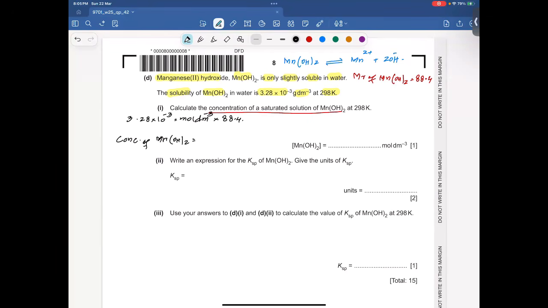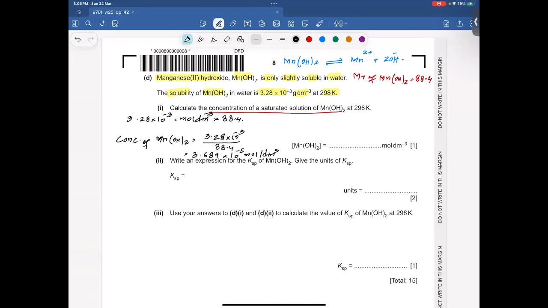And the concentration of magnesium 2 hydroxide is going to be 3.28 into 10 to the power minus 3 divided by 88.4. So the concentration is going to be how much? 3.689 into 10 to the power minus 5 mole per dm cube.